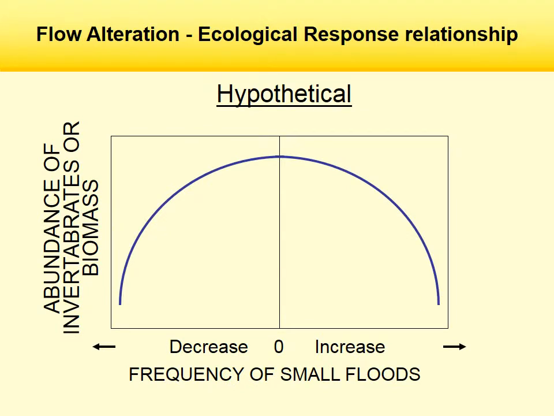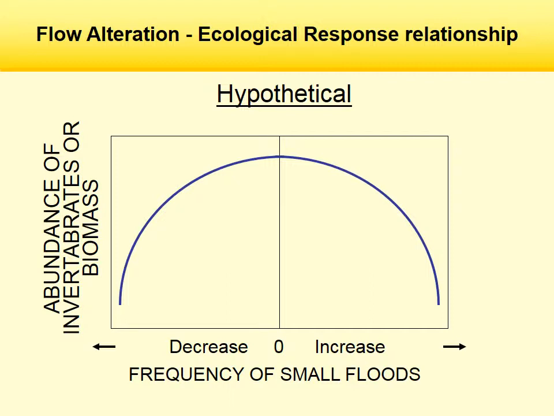So how do we think about the conceptual relationships, the hypotheses between flow and ecology? And here's an example. This is a hypothesis we might expect an invertebrate ecologist to put on the table. Their expectation might be that there's a very clear relationship between the frequency of small floods and the abundance or biomass of invertebrates in a particular river type.